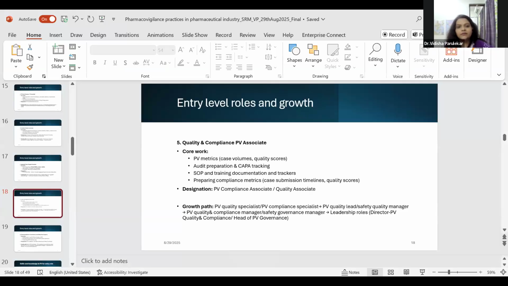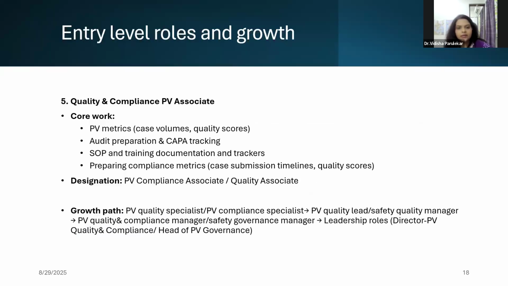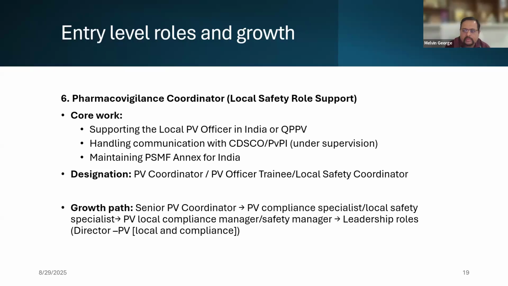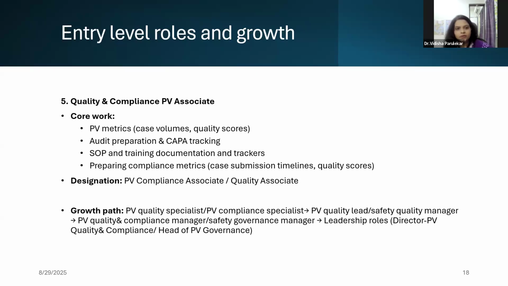So from the basic entry level role, you can shift to aggregate report also. Then again, the quality and compliance role, you need to have a little idea about how case processing is, and that's the reason why they are a little higher, or step one level roles.